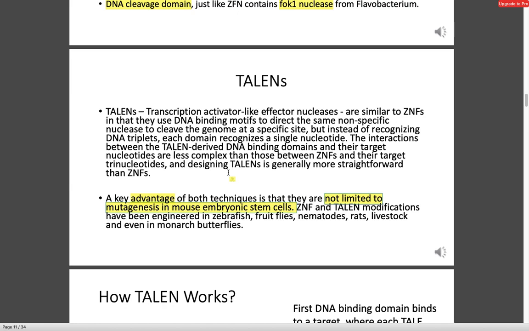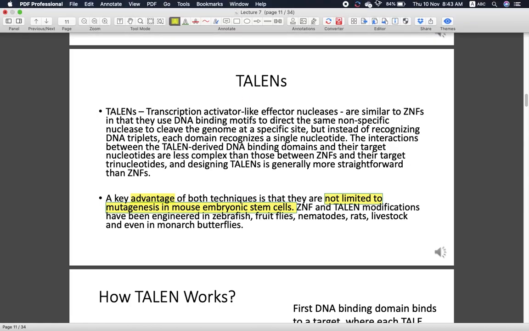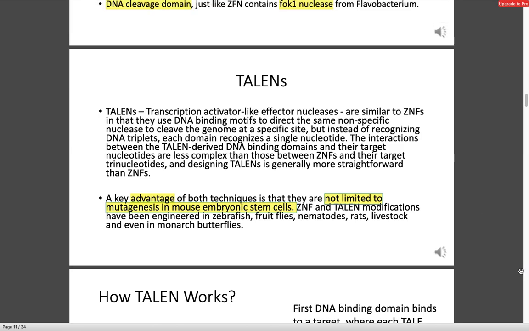So untuk this time, untuk TALEN yang ZFN ni, you can also use other organisms such as zebrafish, fruit flies, nematode, rats, livestock, and even in monarch butterflies. So meaning that the tools can be used in a lot more organisms rather than only mice. Alright? So that's the good part, meaning that you can explore more on the genetic modification effect.